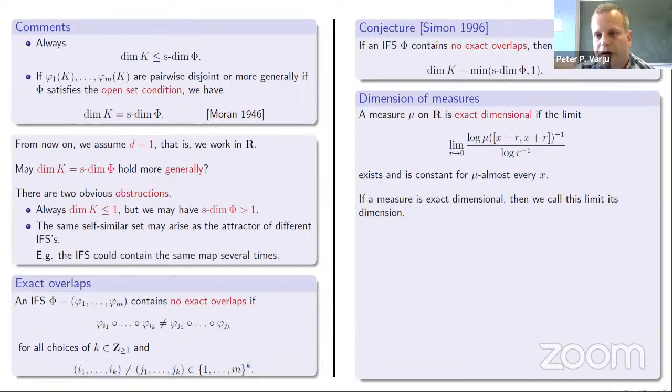Okay, so I also want to talk about the dimension of measures. What do I mean by the dimension of a measure? One thing that you can do is look at the measure of an interval from x minus r to x plus r, and look at which power you need to raise r to get this measure. And you hope that when you take the limit as r goes to 0, you converge to something.